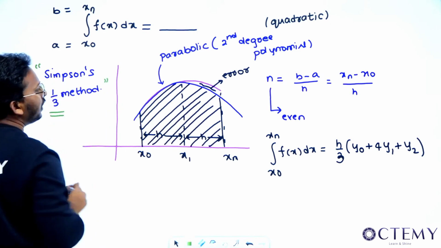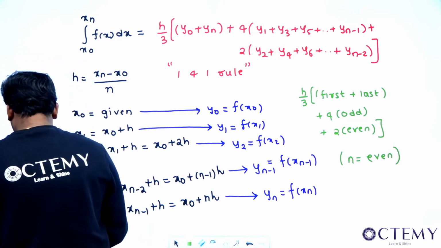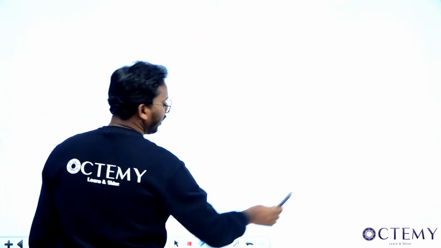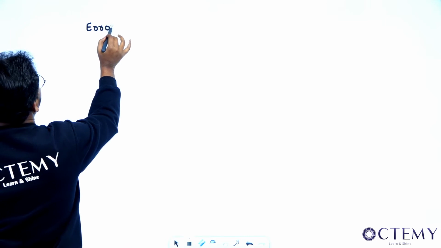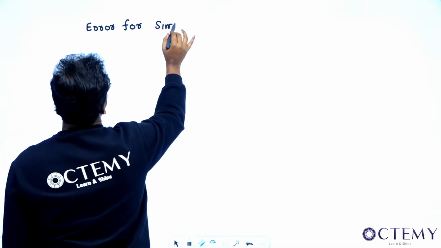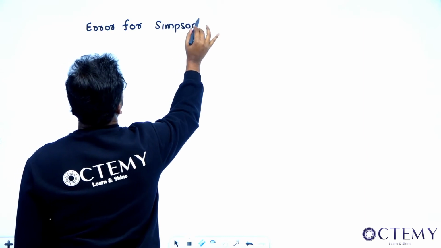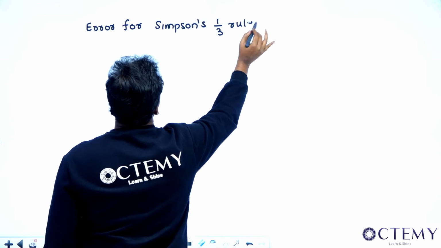Now see sir, similarly I will write the formula for the Simpson's 3/8 rule. First, the error calculation for Simpson's 1/3 rule. What is the error you will get for Simpson's 1/3 rule? Generally Simpson's means Simpson's 1/3 only, sir, by default.